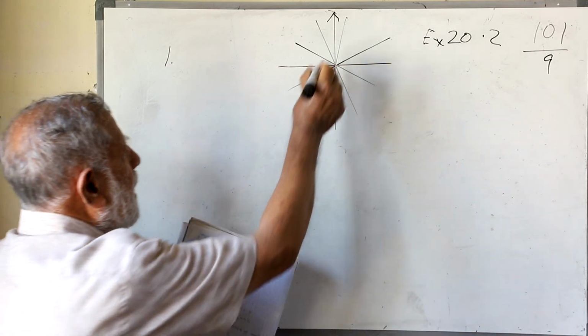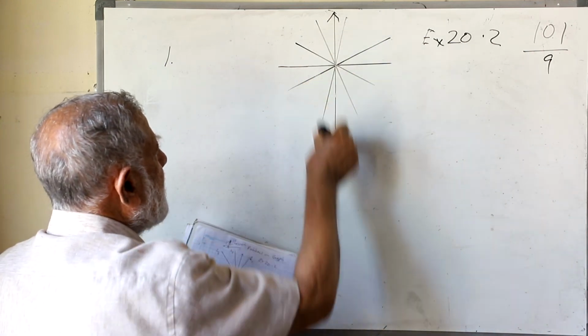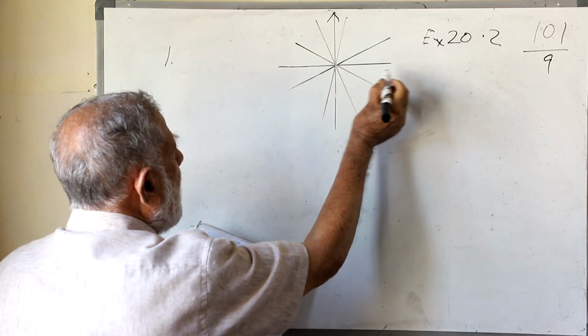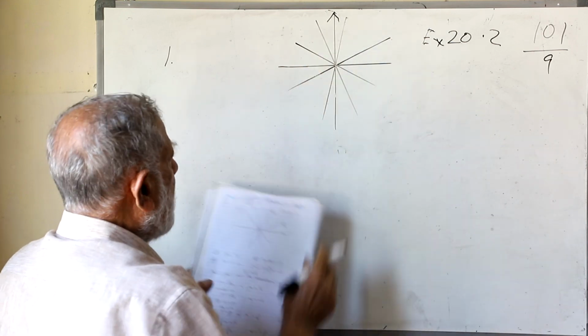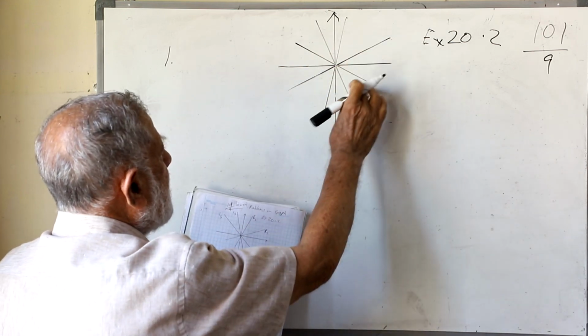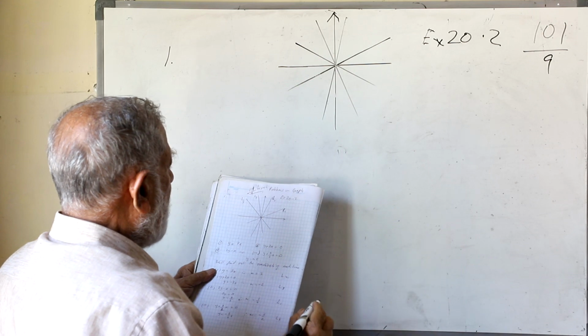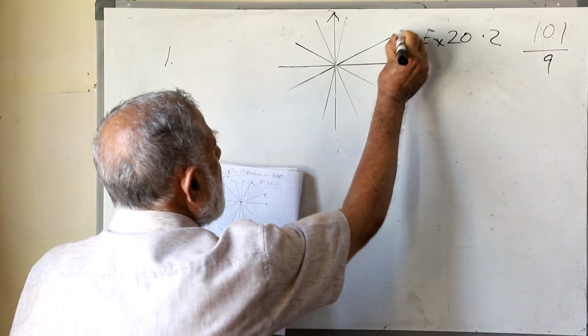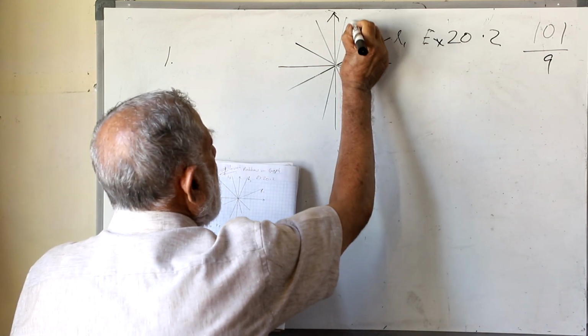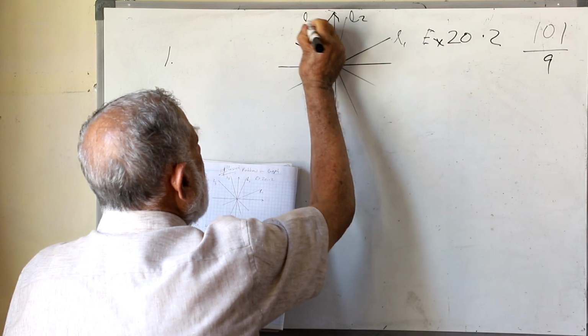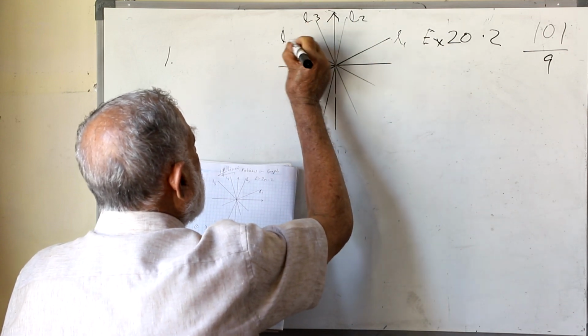This is the x-axis, the y-axis, and you get altogether 4 lines, marked as L1, L2, L3 and L4.